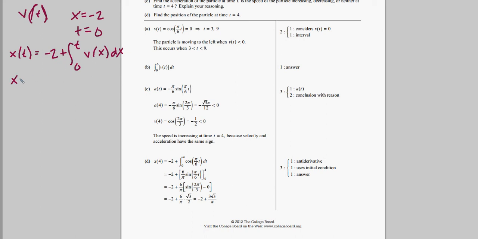So I will have x of 4 being negative 2 plus the integral from 0 to 4 of v of x dx. V of x, they already told us, was the cosine of pi over 6 times t dt.